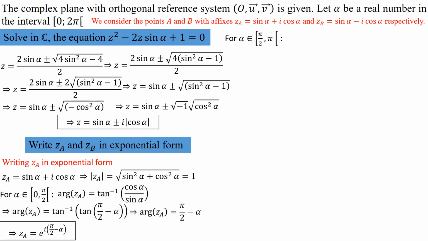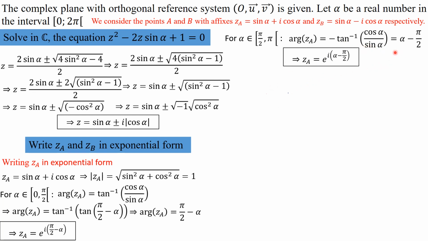Alright, so for alpha in the interval pi on 2 to pi, the argument of za is negative of tan inverse of cos alpha divided by sin alpha, because it's in the fourth quadrant. Since the tan inverse is just pi on 2 minus alpha, negative of it becomes alpha minus pi on 2. So my za becomes this.